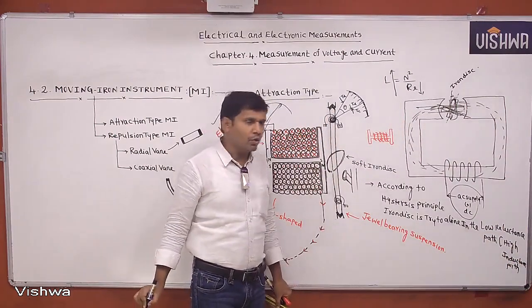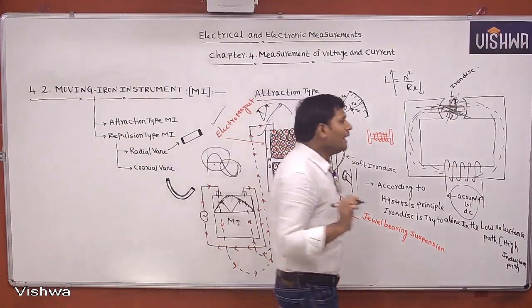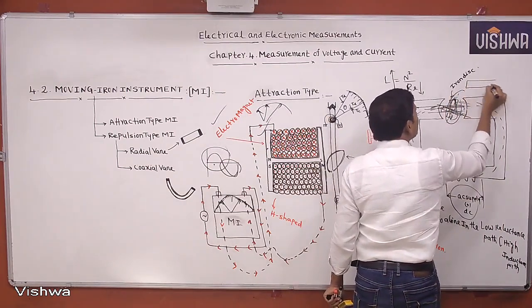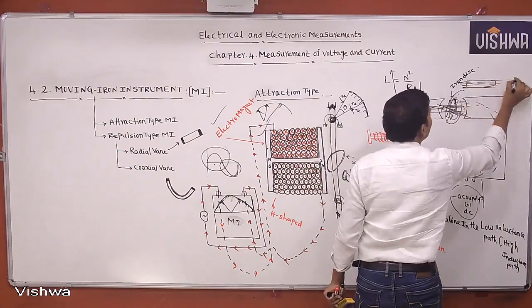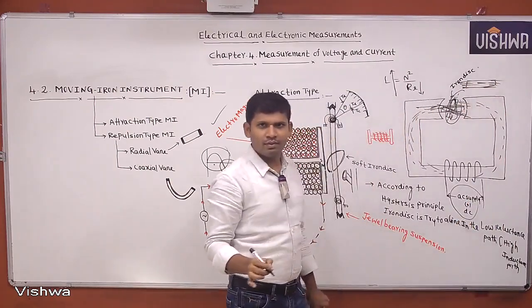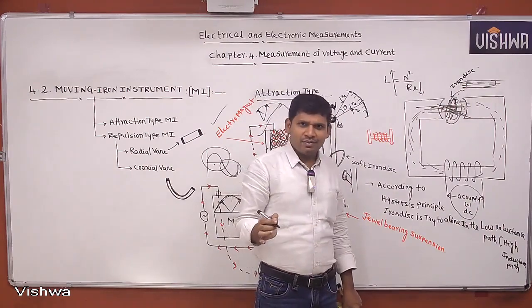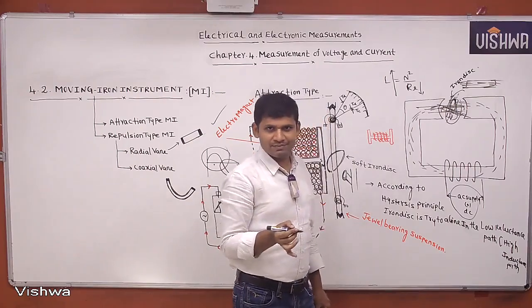But a point to remember: here we are using the iron disc. The magnetic path is the iron disc path, and always the flux lines are passing through the iron disc. When the magnetic path is the iron disc path, it offers high hysteresis losses. Yes or no?